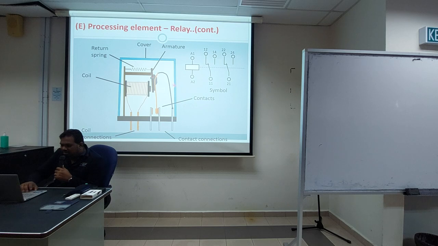When you are giving 240 volt or whatever power that you are giving, this will pull. Based on this movement, if this coil is energized, it becomes like a magnet and it will pull this one. So it will move to the right and hit here. From this side it will move to this side, based on the magnet.